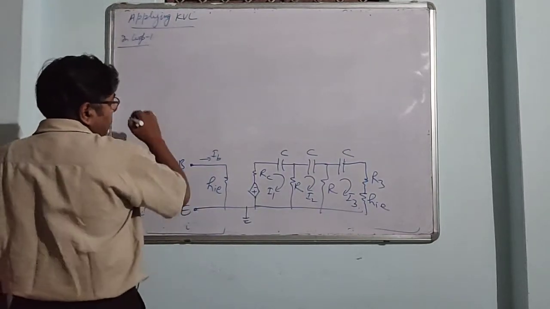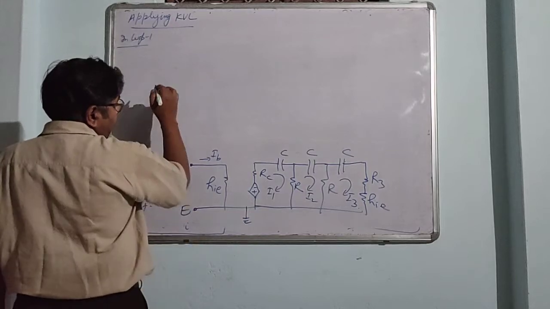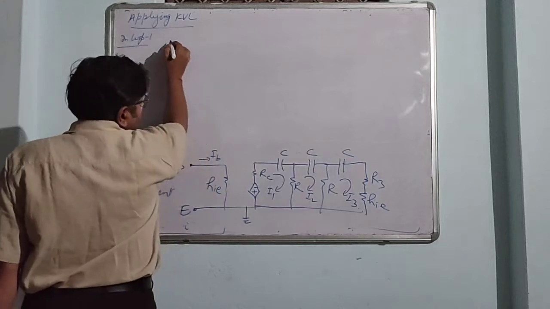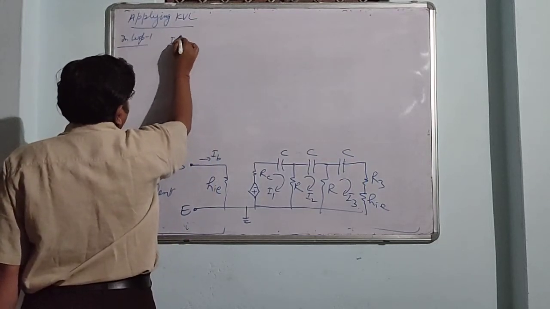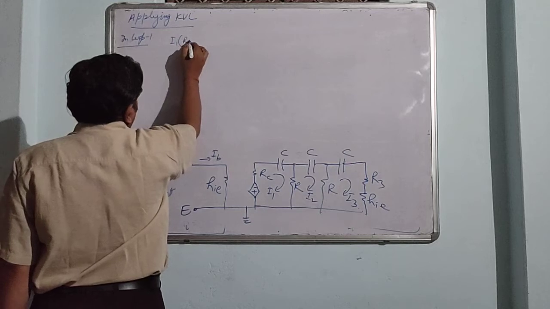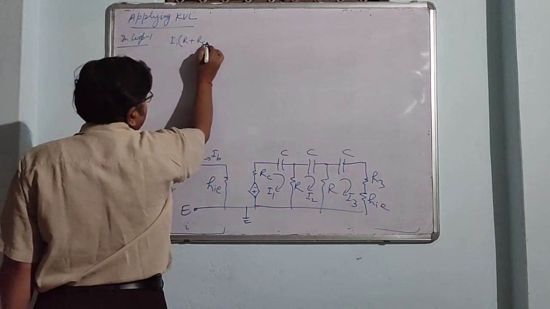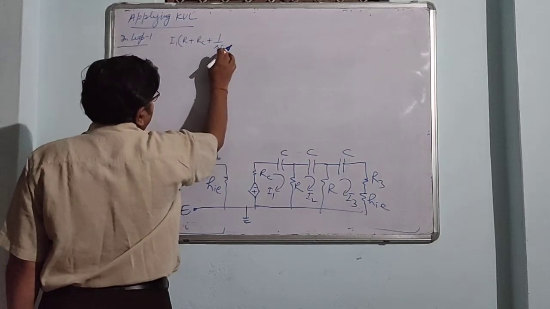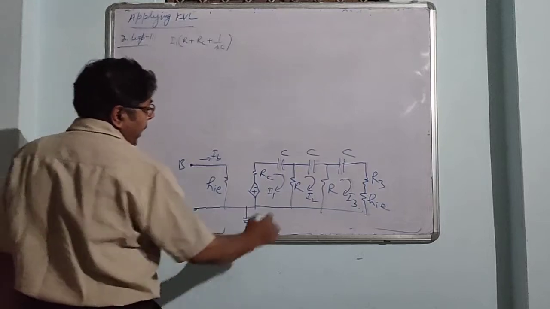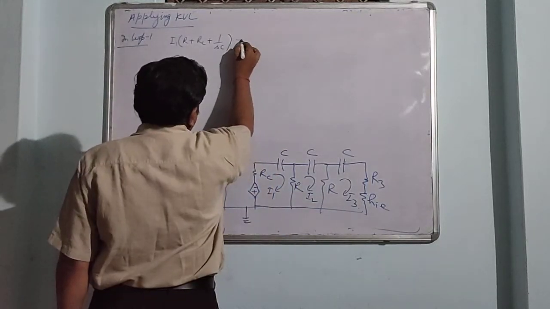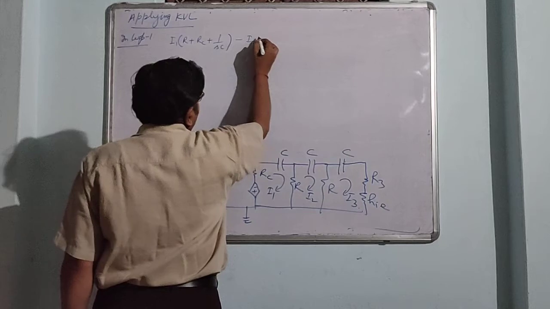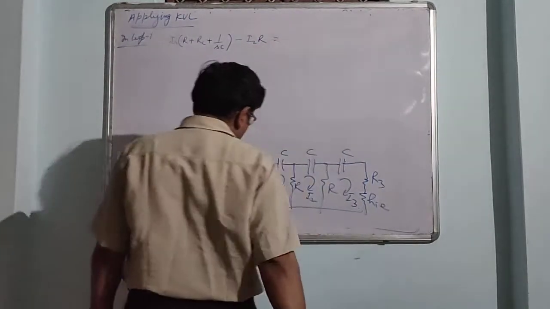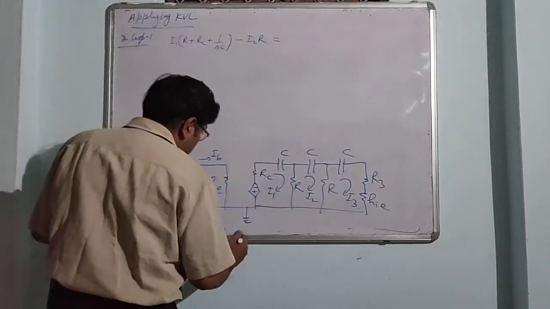We have to write I1 into R plus RC plus 1 upon sC, and this is opposite, so minus I2 R. This must be equal to the voltage source.